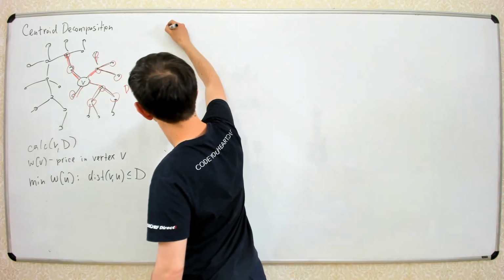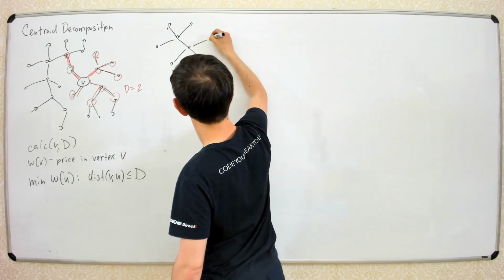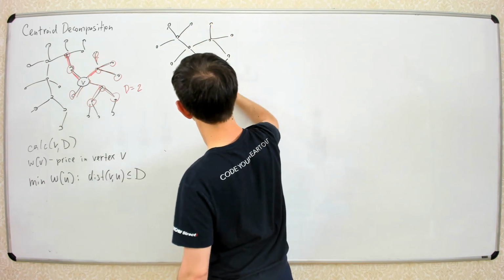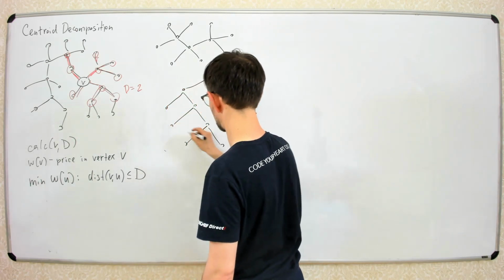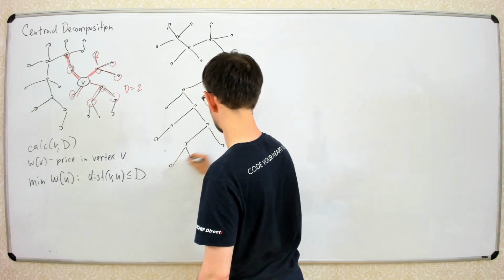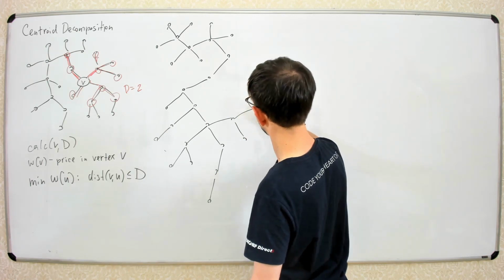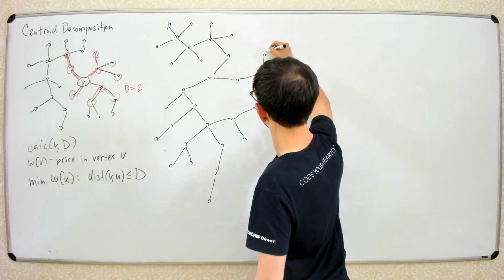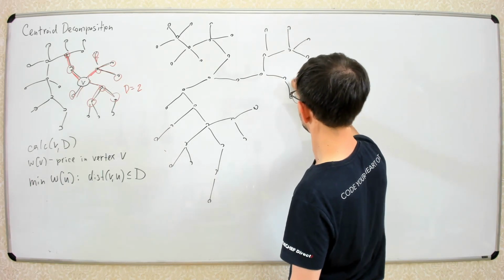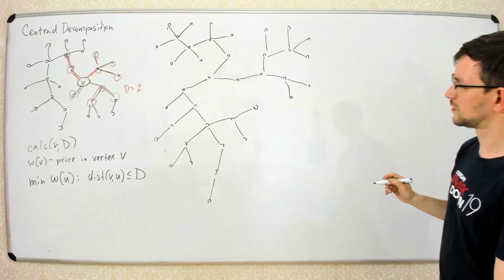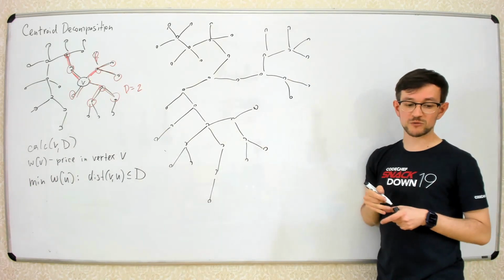We'll have something like this, and go here, and something like this, and also here, and something here. Good enough. So you have some tree.